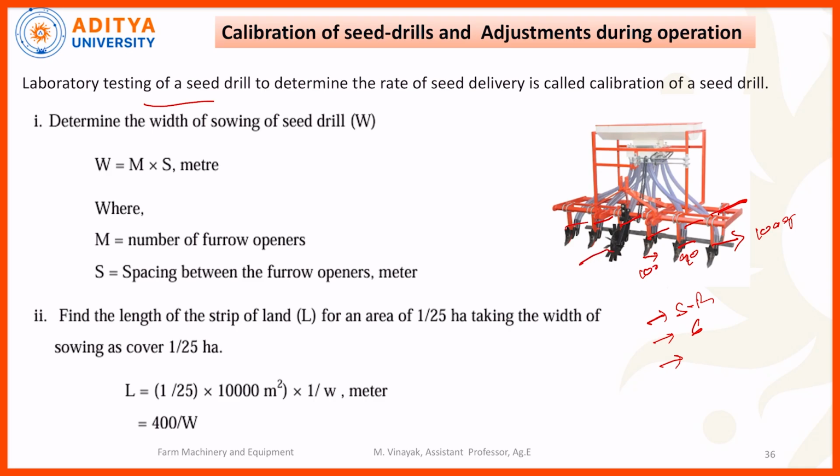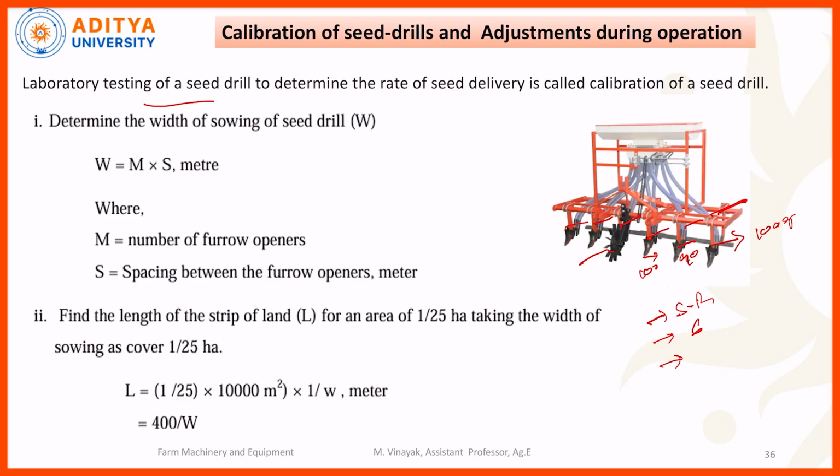During calibration, uneven seed outputs will be received from the seed conveying tubes. The percentage of variation should not be less or more than 7%. We need to maintain that value, and for that purpose we do seed drill calibration.